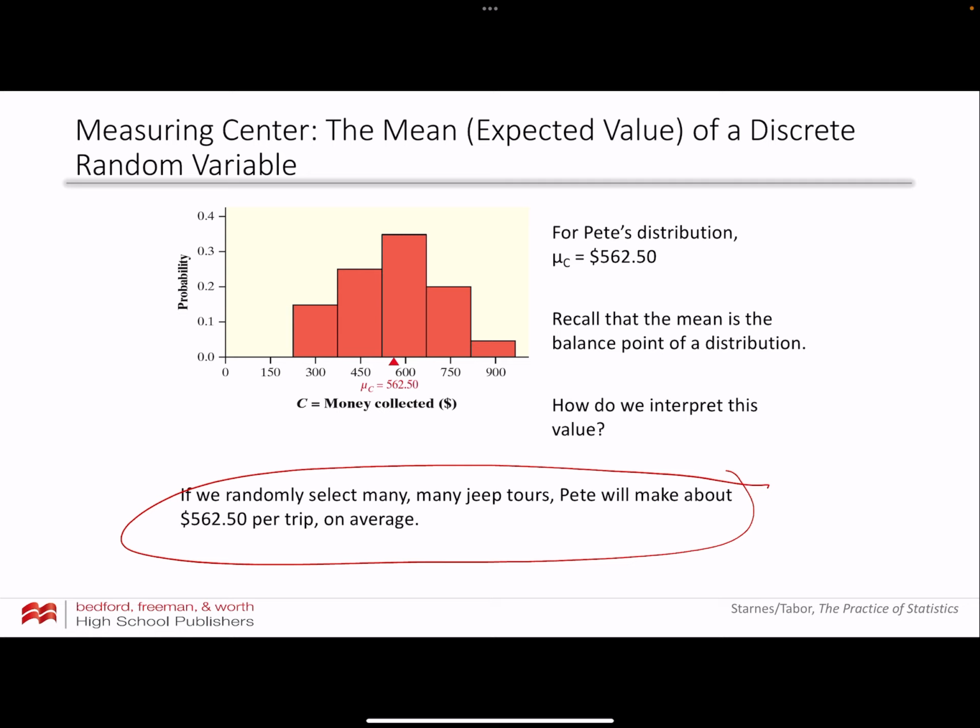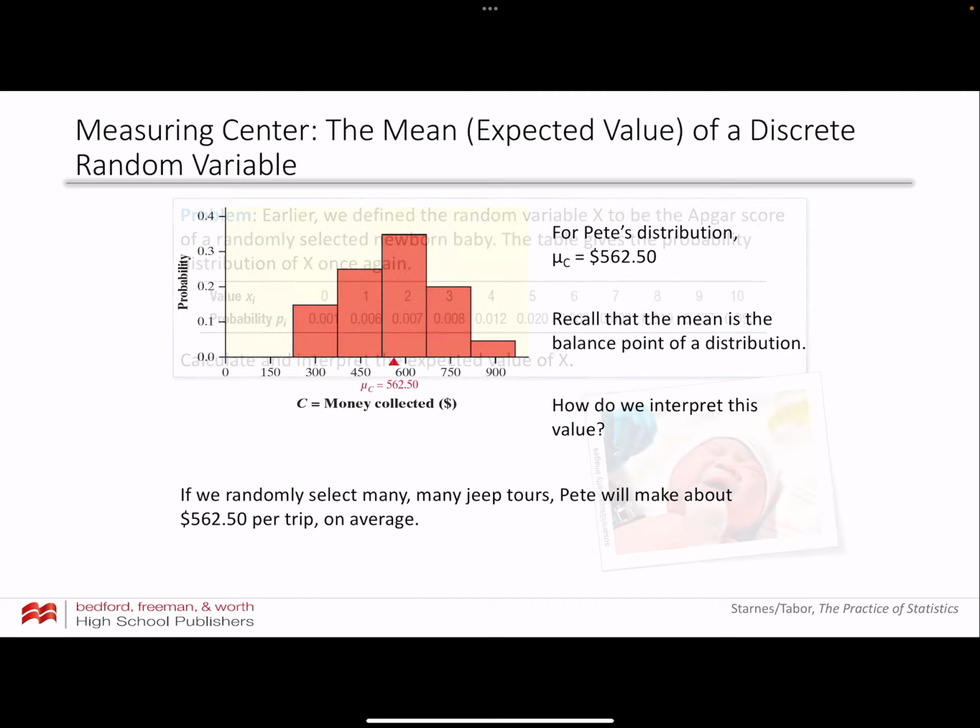So when you interpret the mean of a random variable, you need to talk about it being random, and that we're doing this lots of times. He makes about whatever that dollar amount is on average, and it needs to be in context, so the dollars per trip, right?